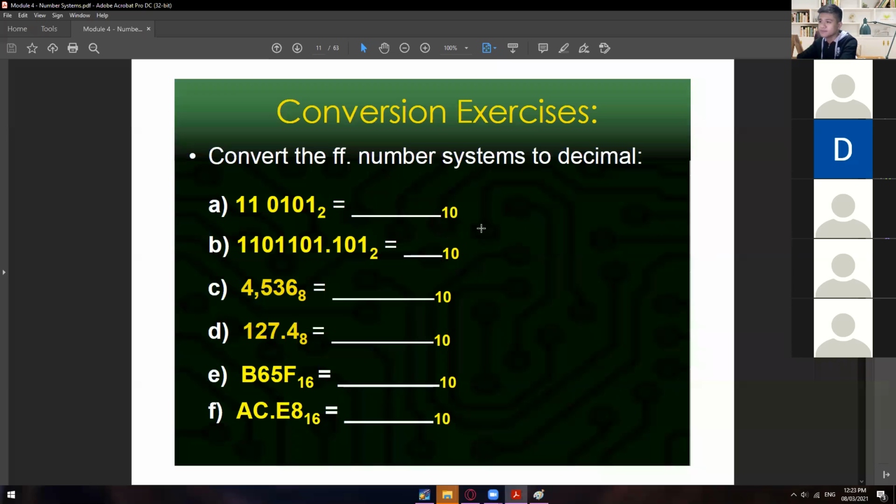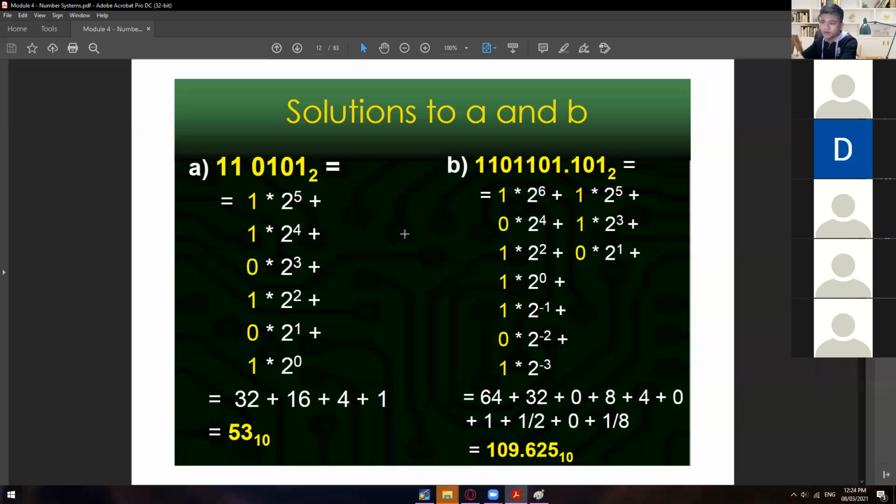All right, so here are the solutions of your letter A and B. Again, the first two steps that you need to do are to arrange this one from top to bottom: 1 1 0 1 0 1. And then multiply everything by its base, so times 2, and start with the lowest bit.